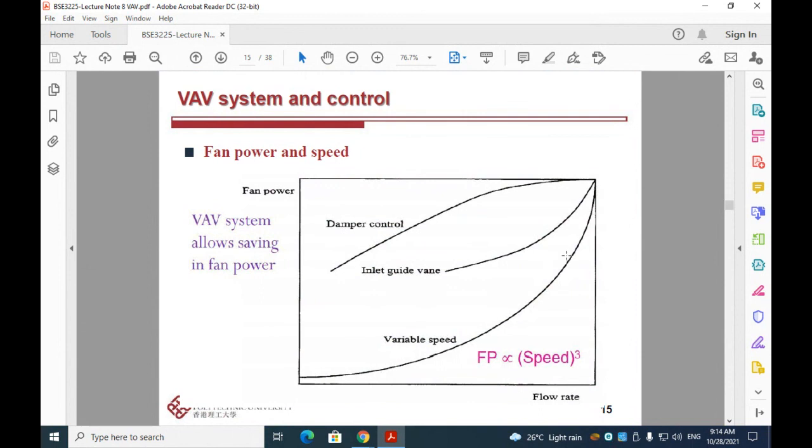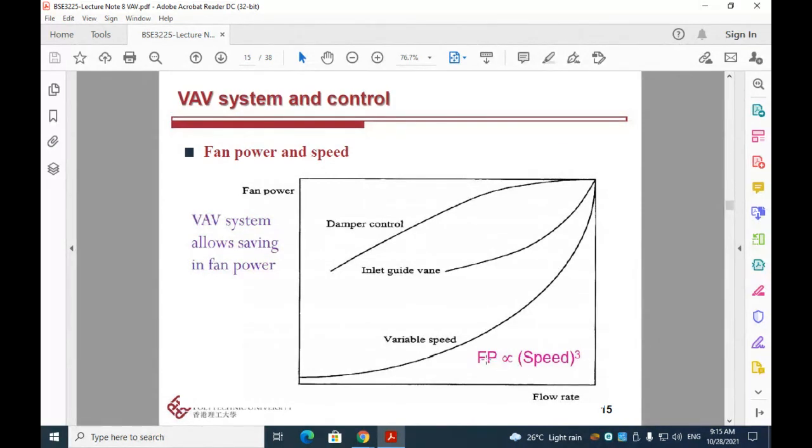We'll be looking at variable speed because this is the way we control the fan speed in a VAV system. The higher the variable speed, the higher the fan power and the corresponding flow rate.